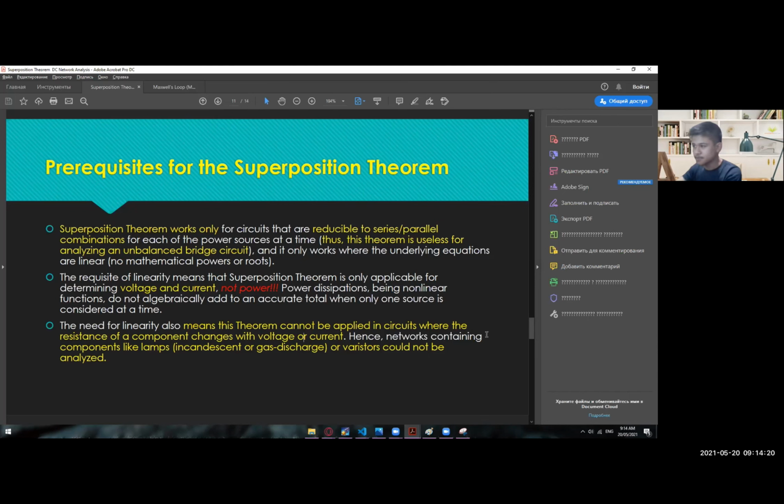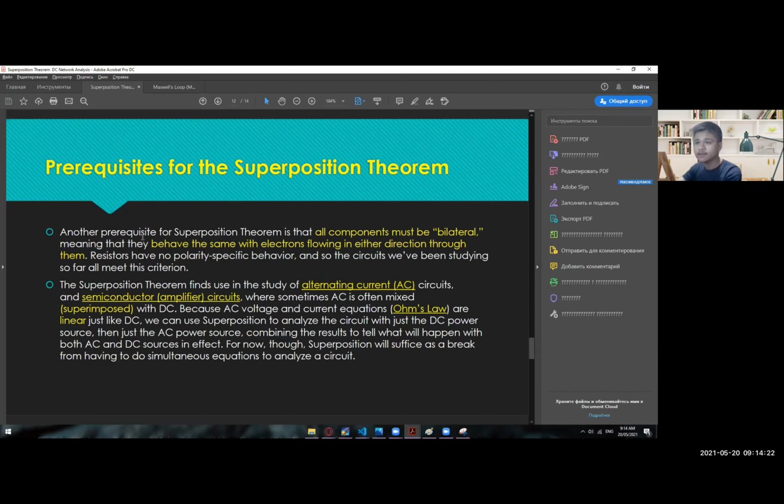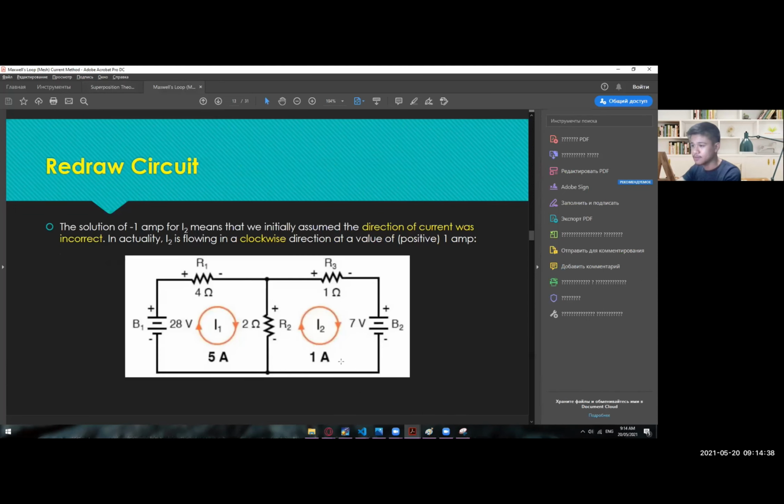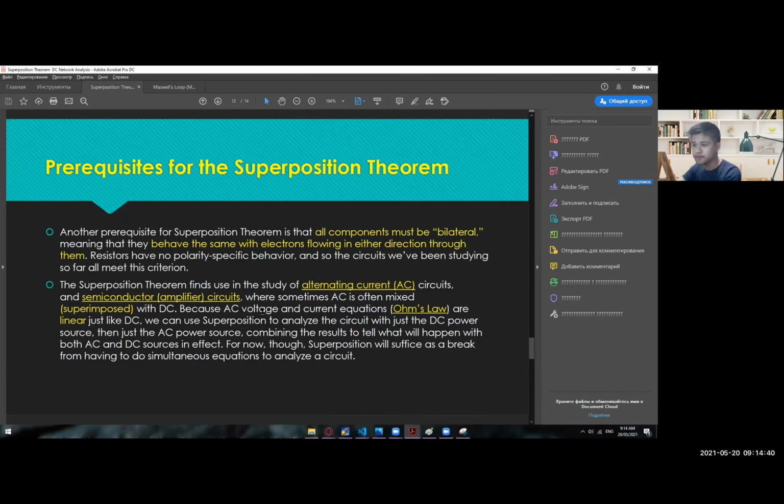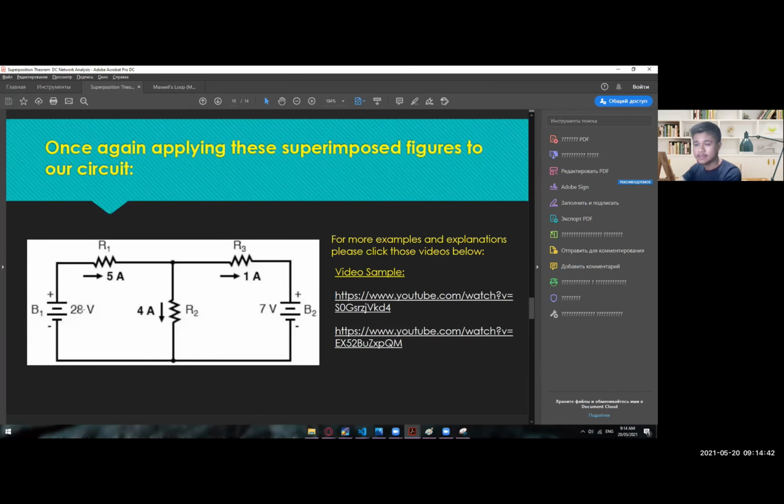So yes, no question. Another prerequisite for superposition theorem is that all components must be bilateral, meaning that they behave the same with electrons flowing in either direction through them. So if you take a look at this one, what we did here is the conventional method.